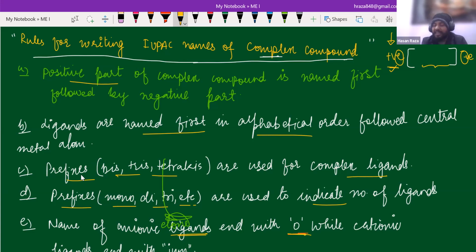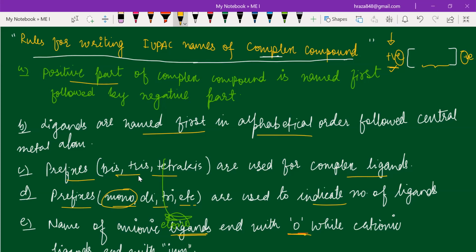Next rule is prefixes: bis, tris, tetrakis are used for complex ligands like en, ethane 1,2 diamine, and prefixes mono, di, tri are used. We generally don't use mono. Di, tri, tetra are used for simple ligands like chloride, bromide, sulfate. Are you getting my point? Yes, sir. So what you need to do is jump to the ligands and write the names in alphabetical order.